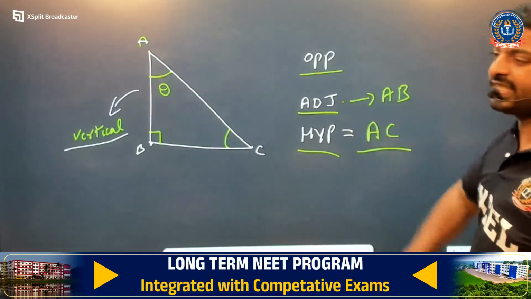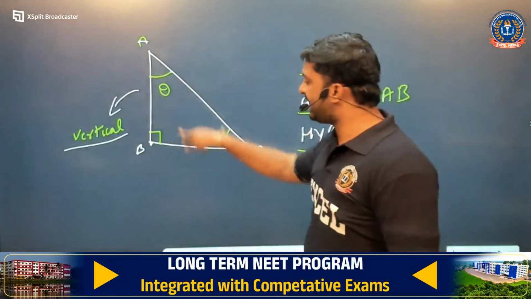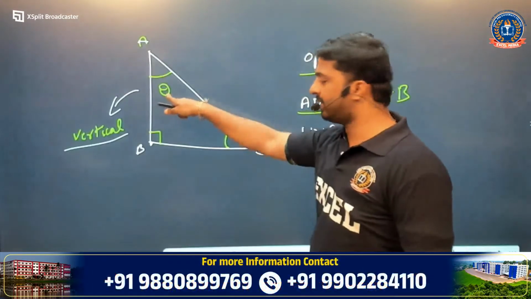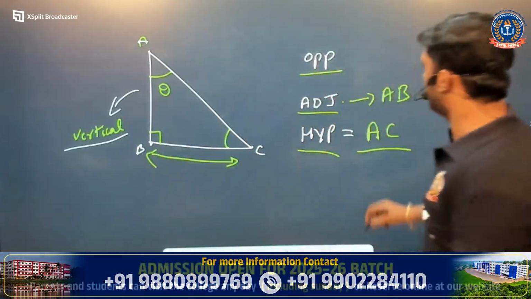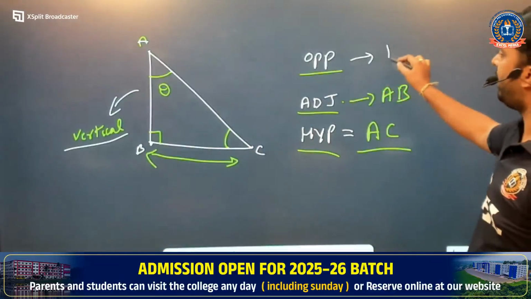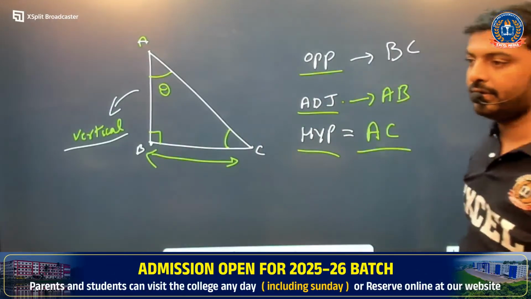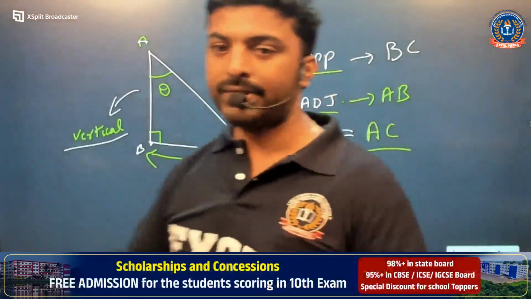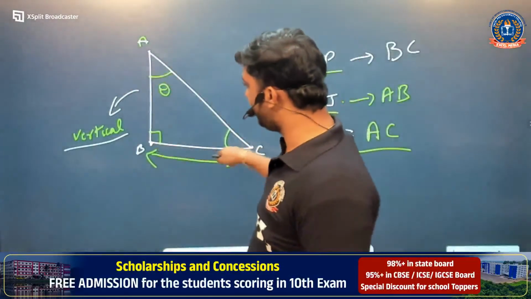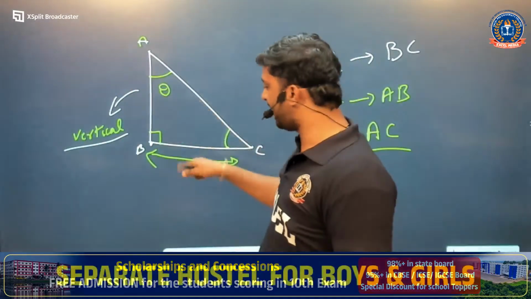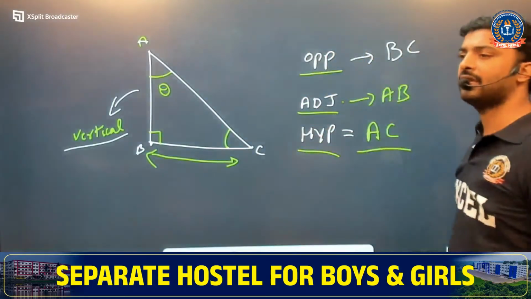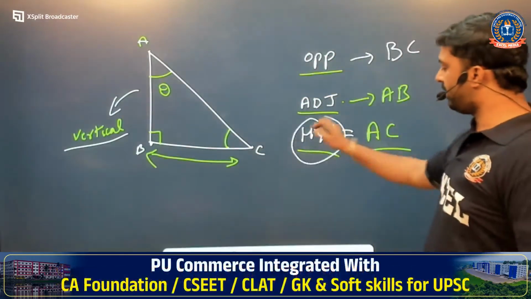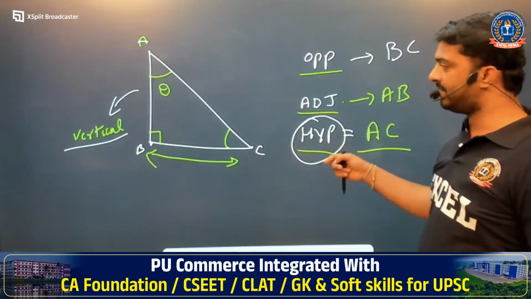And now which is the opposite side? The side which is opposite to the angle. Here in this case it is BC. So the opposite side, now it is BC. Before you define these three things, no need to worry about the hypotenuse, it remains the same.